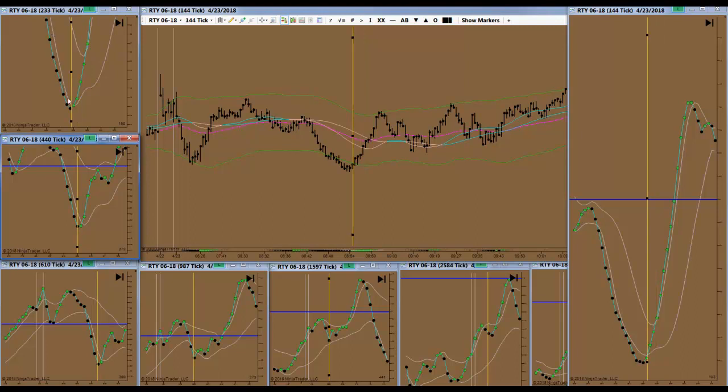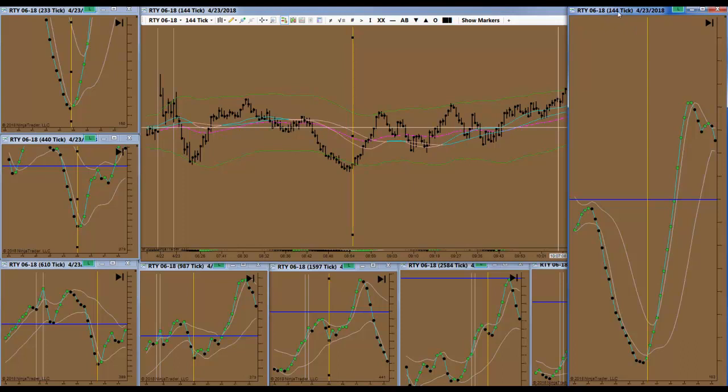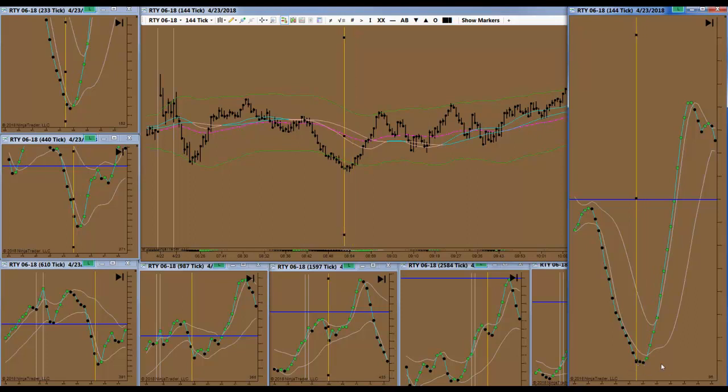We're noticing that 233 drastically slowed down, but if we look over to our entry chart, our 144, he is telling us that there is a major slowdown right here. And the reason we're going to enter the trade is if we spot a yellow dot as his current dot, the current dot in present time, he's going to be yellow.